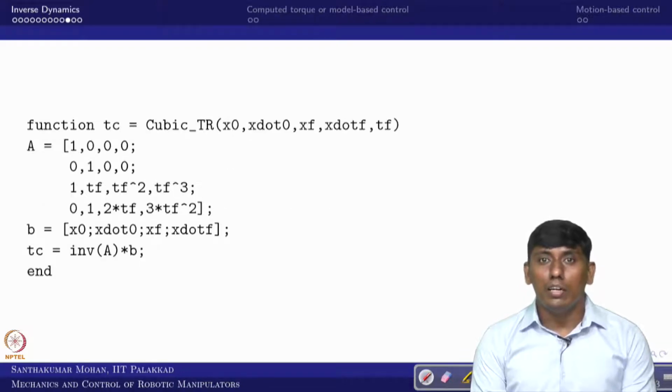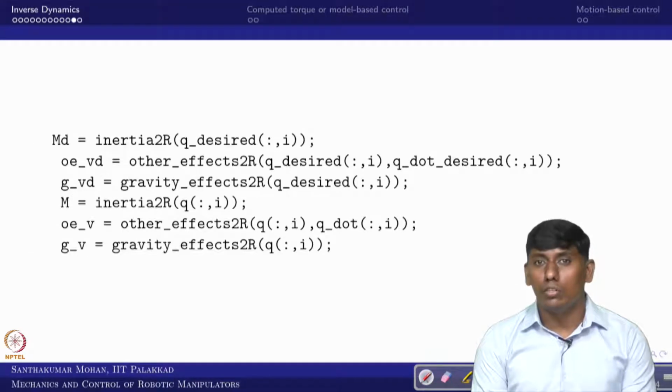Even if we derive the trajectory based on the cubic polynomial, we can use these subfunctions which we derived in the kinematic control. So these are all subfunctions. Now come back to the original function. We are deriving the m desired, in the sense the inertia matrix based on the desired value.